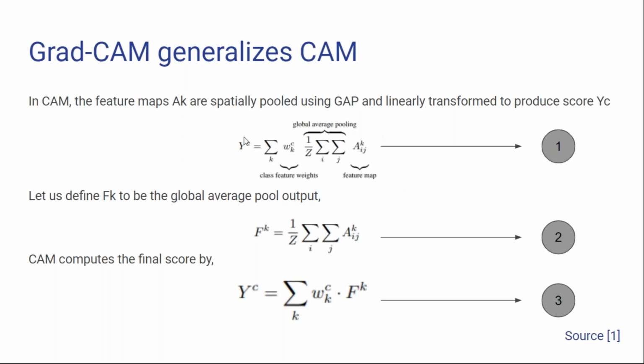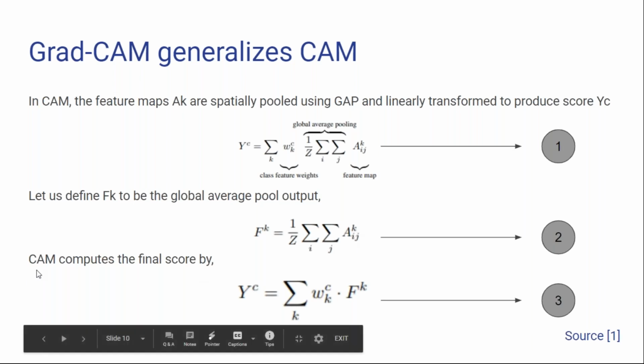So what we will do is we will take this and see how we can generalize these activations. For that we will say that the feature map F_k is just a global average of the activation map of layer k, and then what CAM does is that it applies the weights w_k^c over these feature maps, and it gives you the class prediction.